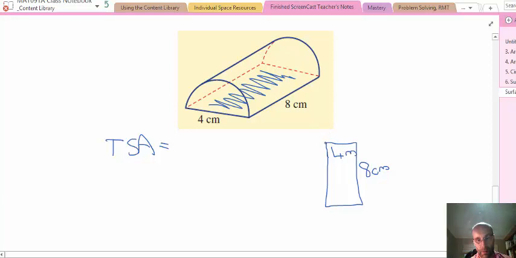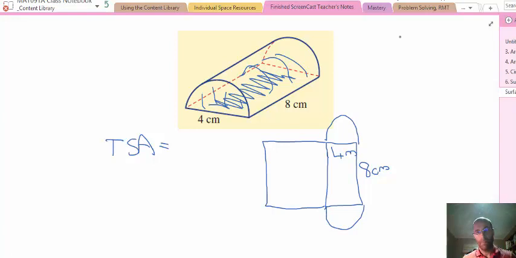If we unfolded the tube part out, we'd have to fold it out on one side. Let's fold it out on this side, and it'll go around into another rectangle, so that's the tube part. Then we have 2 semicircles which would fold out at each end of the base.